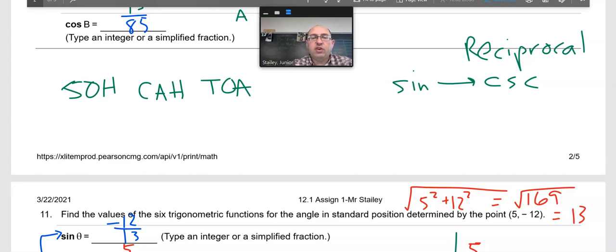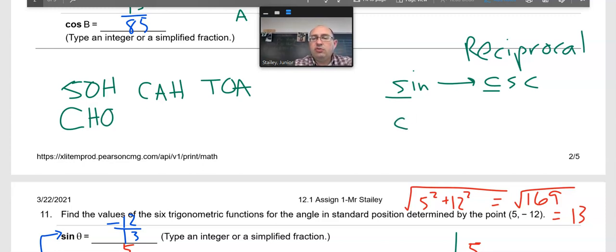You can search for cosecant and spelling if you want to, but CSC is its abbreviation. If it's a reciprocal, and it starts with the letter C, it flips the hypotenuse and the opposite.